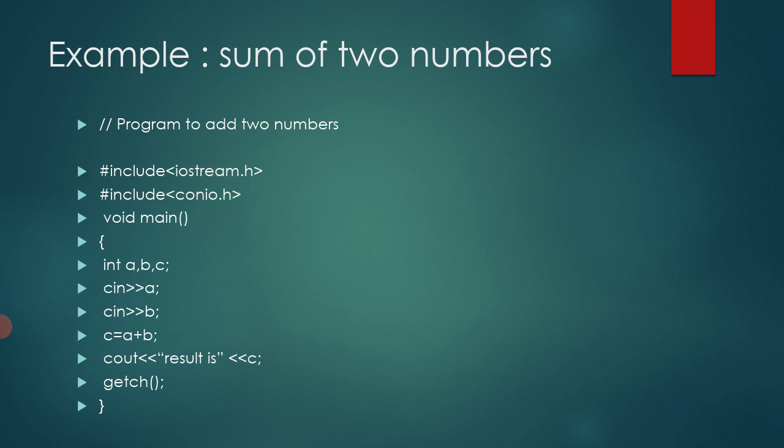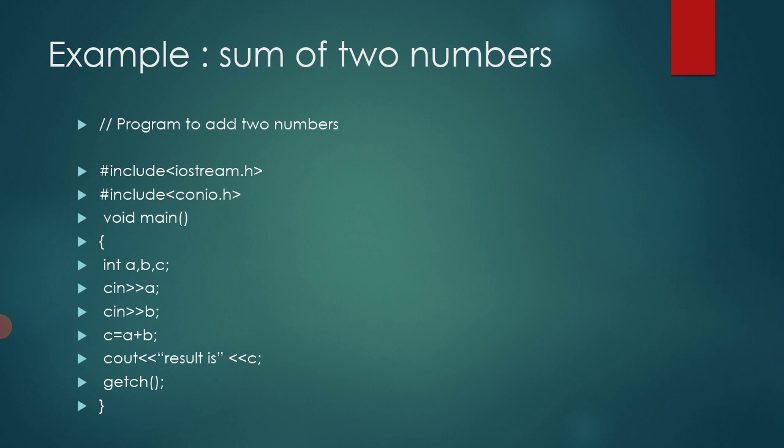Inside the curly bracket, see students, I have already discussed in the previous lectures what is a variable and how we have to declare a variable. Whenever we have to use a variable in a program, it is mandatory that you declare that variable, because we have to tell the compiler that we are going to use this variable.